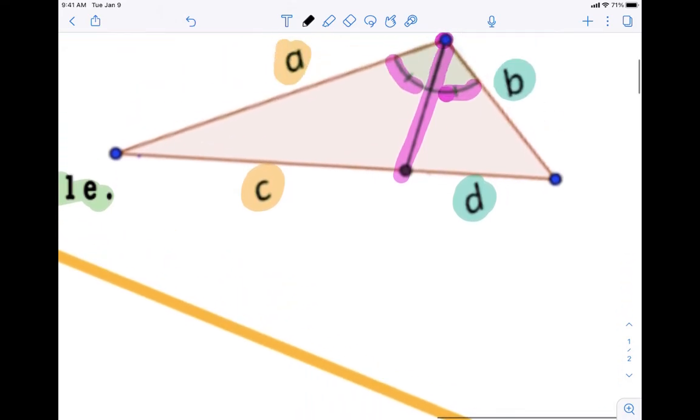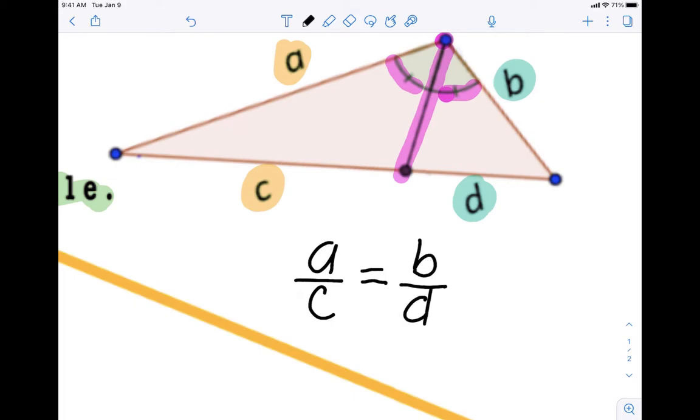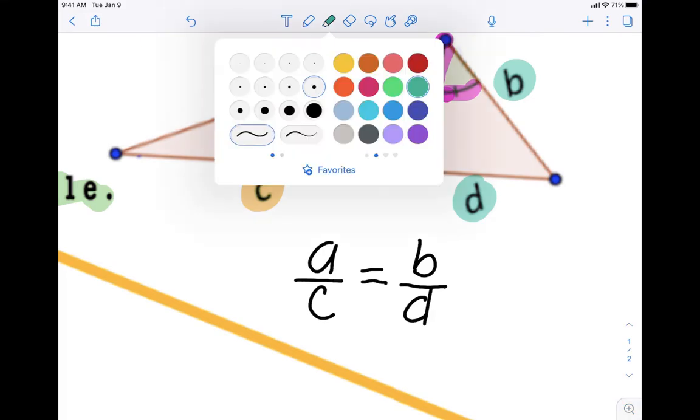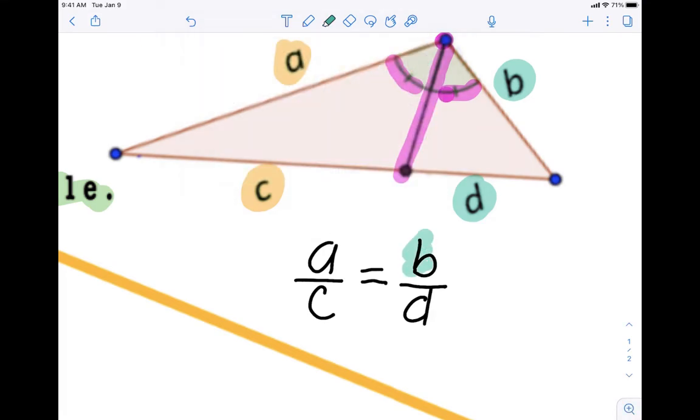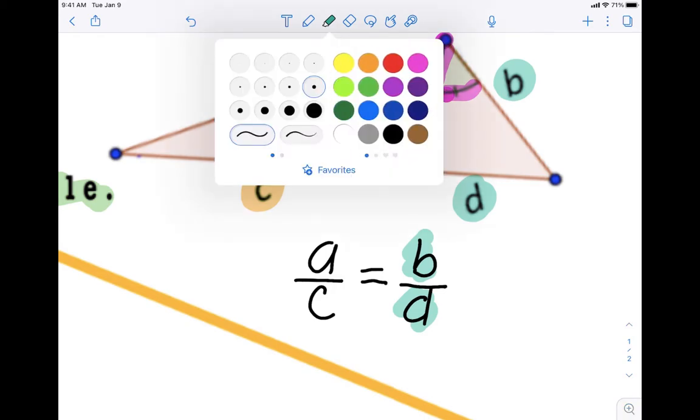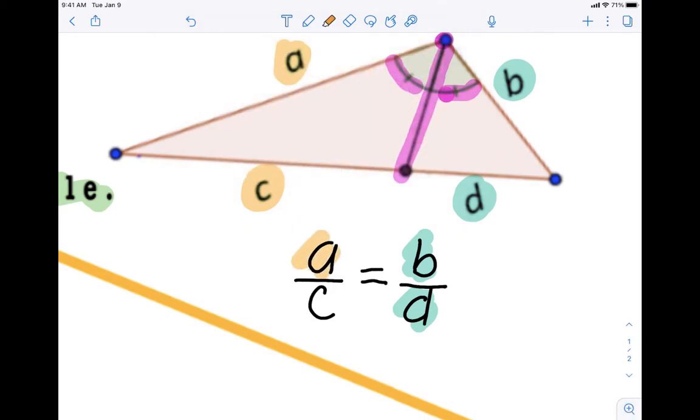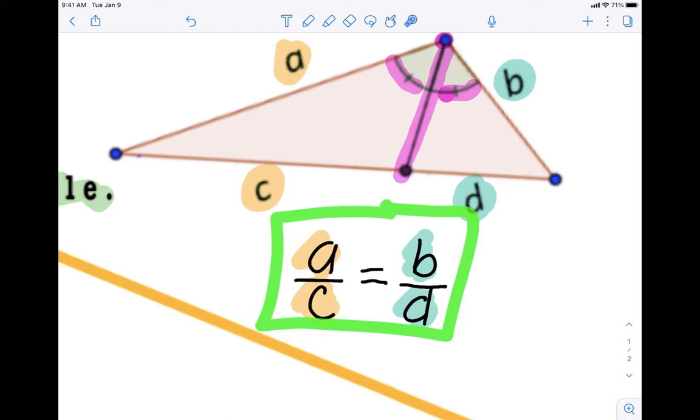So what happens is A has a relationship with C, and that is equal to the relationship B has with D. Like that. And look at that. I can go back here, and I know B is with D, and A has a relationship with the C. And this is the proportion that we're going to use, right?